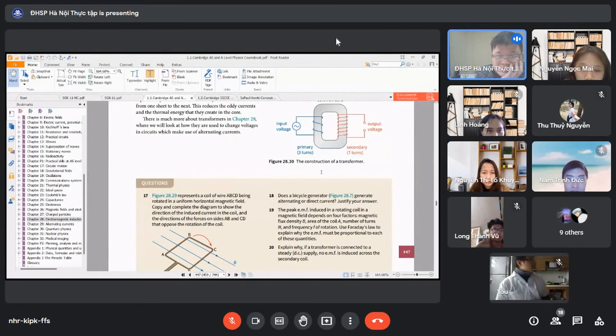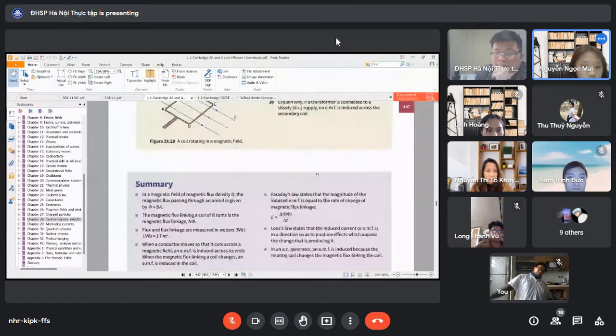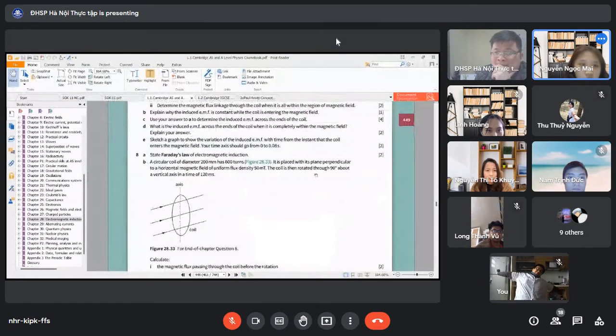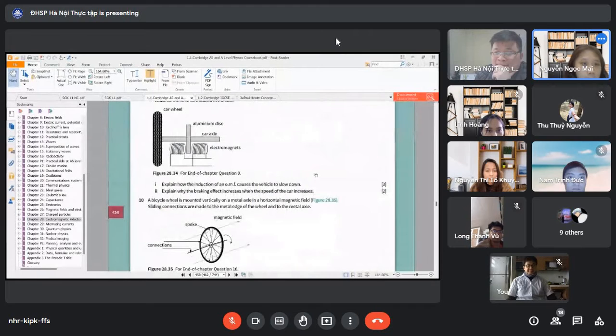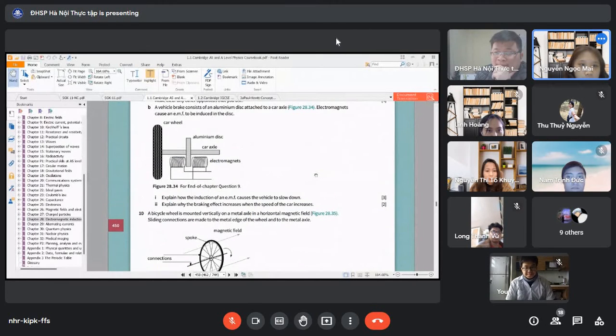In Vietnamese, solenoids is ống dây, and coil is cuộn dây. So what is the difference? Like this one, we call it coil.